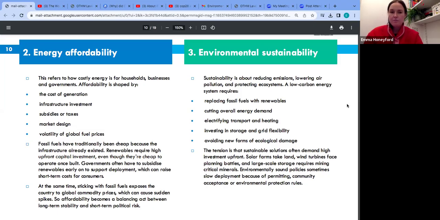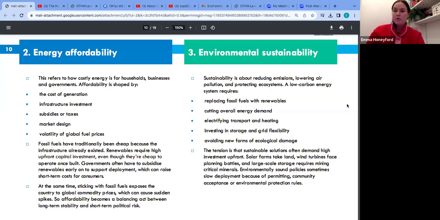Okay, so the last dimension of the energy trilemma triangle is environmental sustainability. Another really important area to consider. We know sustainability is about reducing emissions, lowering air pollution, and protecting ecosystems.